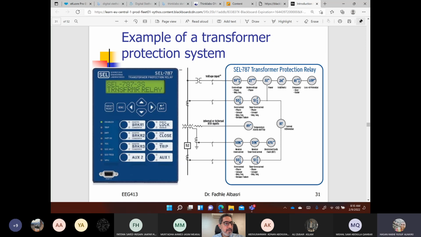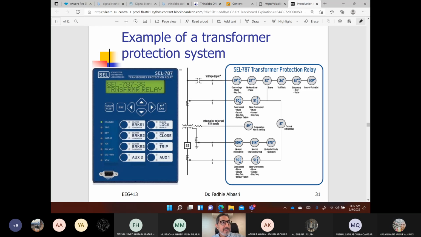Second, overvoltage, it could be overvoltage or undervoltage conditions. Third, frequency, based on underfrequency or overfrequency conditions. Fourth, difference in currents. It's not necessarily the magnitude of currents.